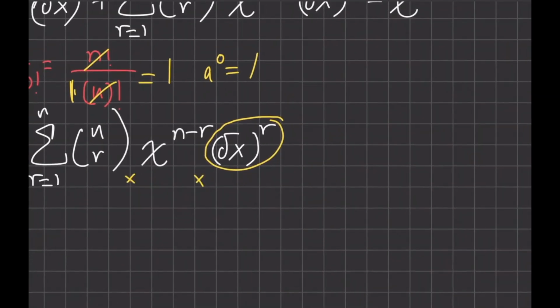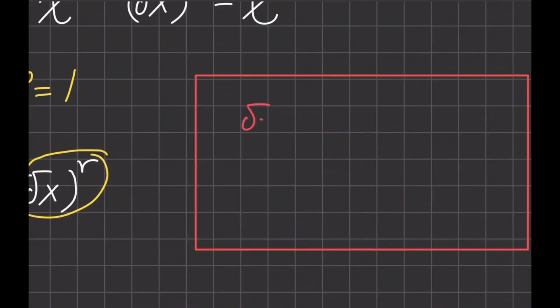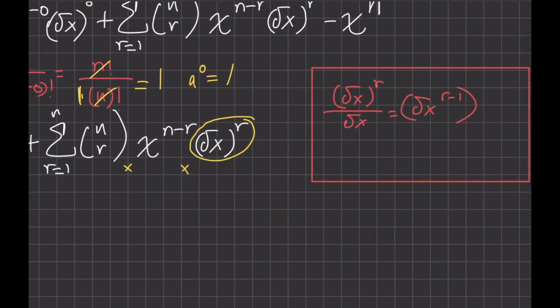Right now, if we divide this term by dx, dx to the power r divided by dx, we get the simple expression dx to the power r minus 1. Now, plugging r minus 1 back into the summation, you notice something very important.